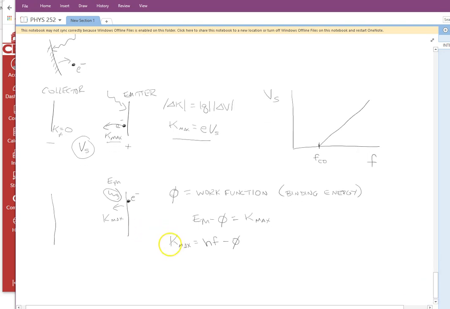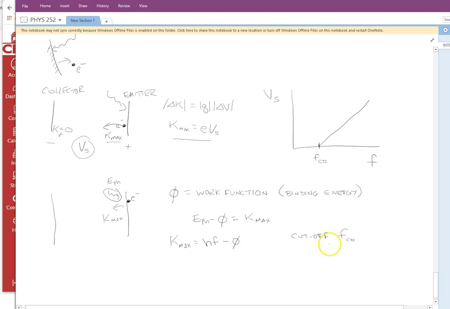Because if the energy of the photon is not greater than the work function, this electron is not going to be able to be liberated. It won't be able to break its bonds. So realizing the photon energy is directly proportional to the frequency, we know that there's a cutoff frequency. We can figure that out right away.